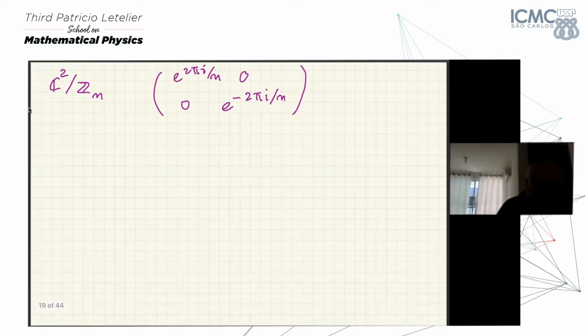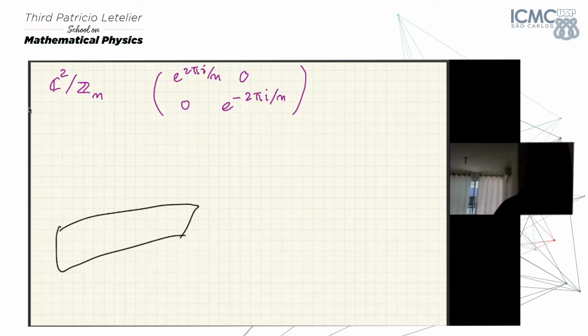And the pattern I was mentioning is the following. So in this case, it's something like this, right? In this case, the only singular point in the quotient is the one corresponding to the origin.